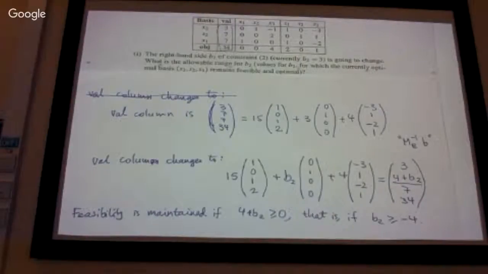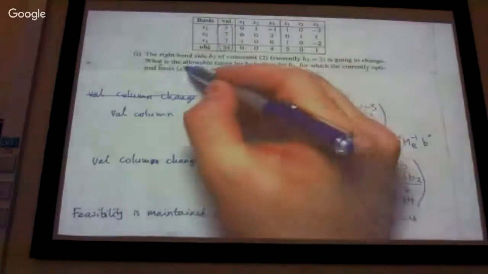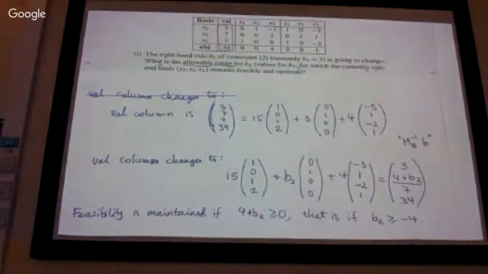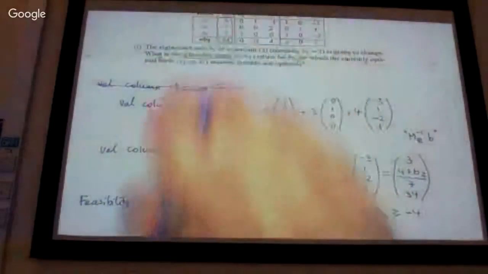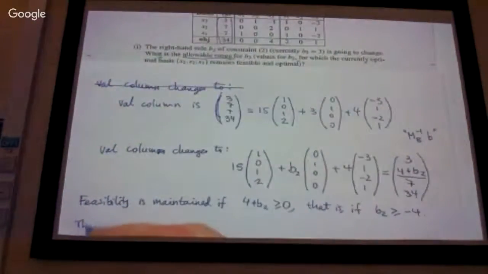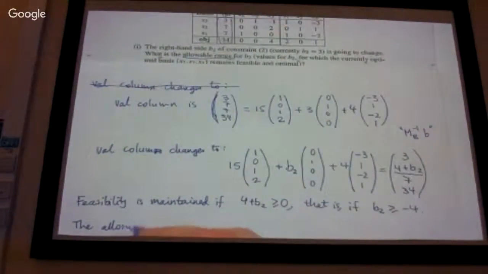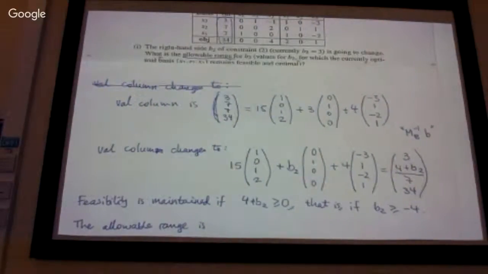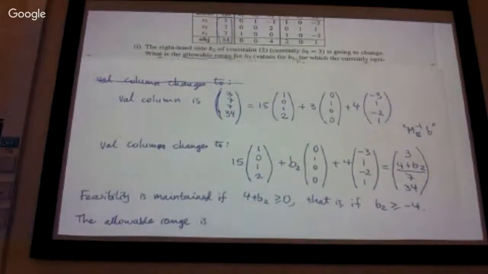It also wants us to say what the allowable range is. And that's all the values for which the tableau remains feasible and optimal.